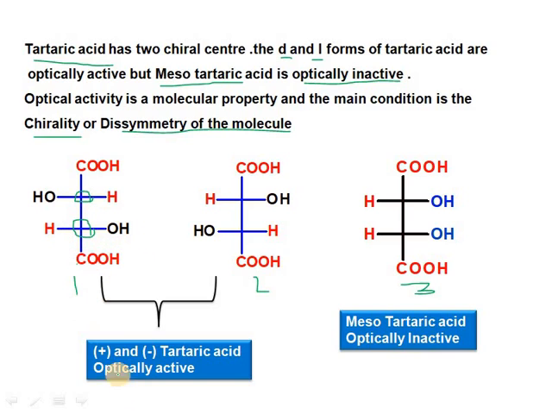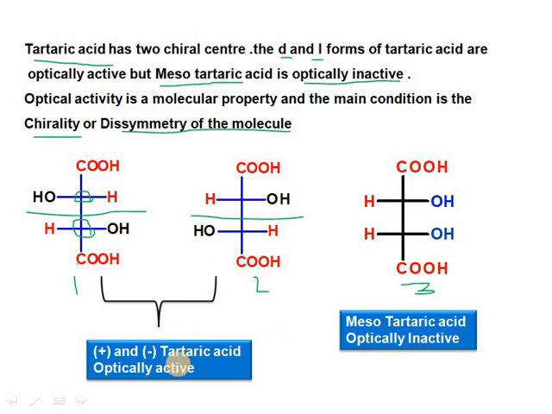They are plus and minus tartaric acid, which are optically active because when we cut these molecules, the parts are non-superimposable mirror images. Similarly in this example, the parts are not superimposable mirror images.